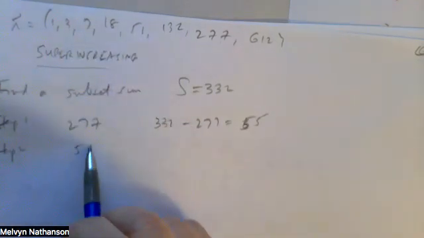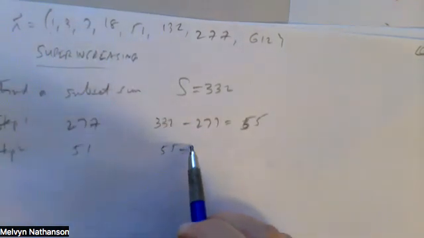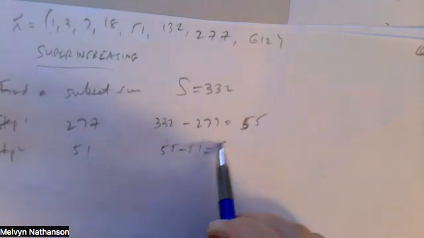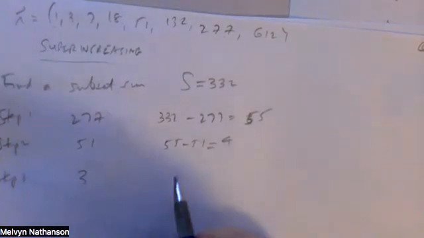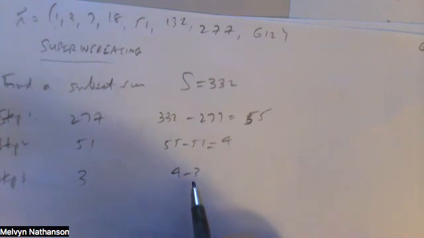That's 51. 55 minus 51 is 4. Step 3, find the largest number less than or equal to 4. That's 3. 4 minus 3 is 1. The largest element less than or equal to 1 is 1.